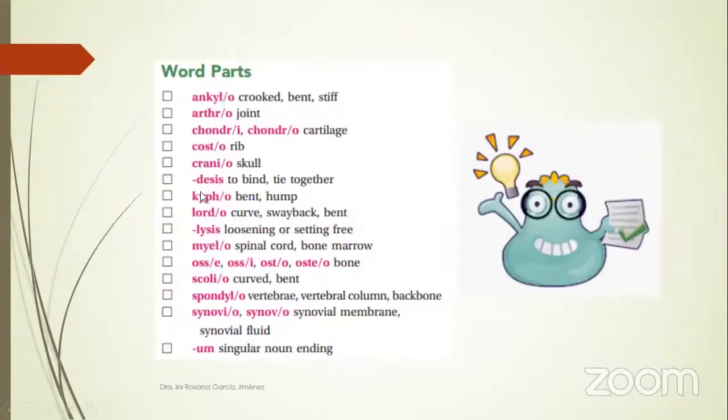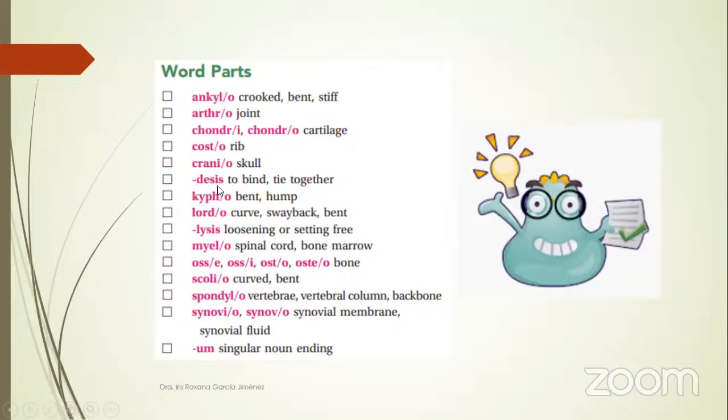Here we have the combining word parts, of course, with the meanings. Very important because with this information, we have the meaning of specific medical terms. For example, ankyl or ankylo: crooked, bent, stiff. Some synonyms to catch the meaning of this word root. Arthr or arthro, joint; chondri or chondro, cartilage; again, cost or costo, rib; crani or cranio, skull.